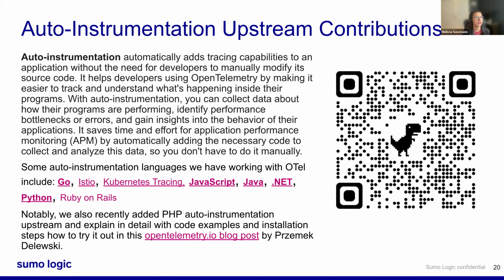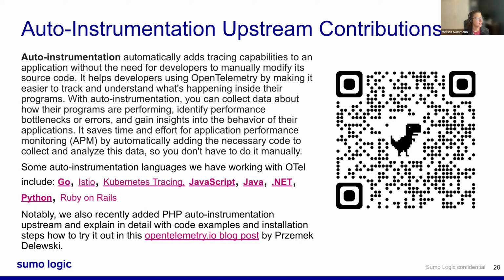Basically, auto instrumentation is the way that people can automatically set up their instrumentation. It adds tracing capabilities to an application without the need for developers to manually modify its source code. So it helps anyone using OpenTelemetry by making it easier to track and understand what's happening inside of their programs.